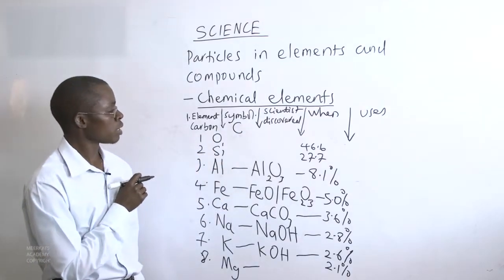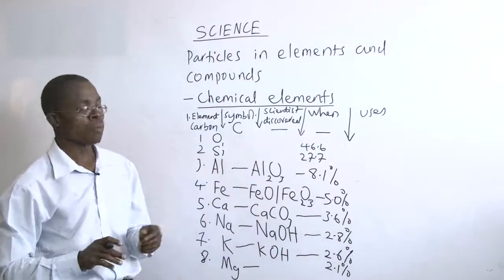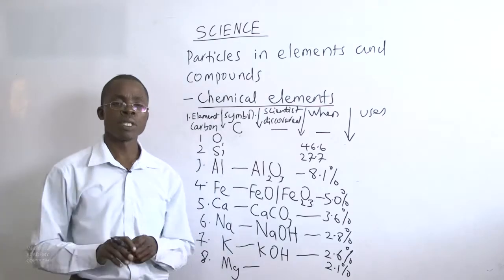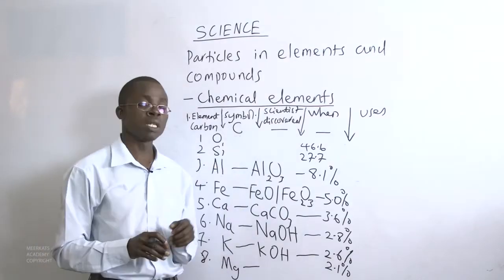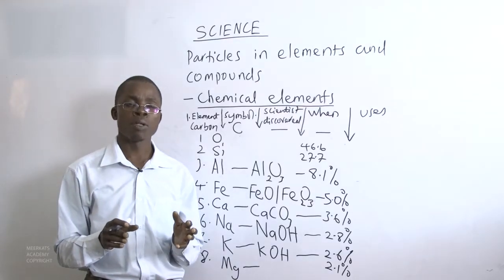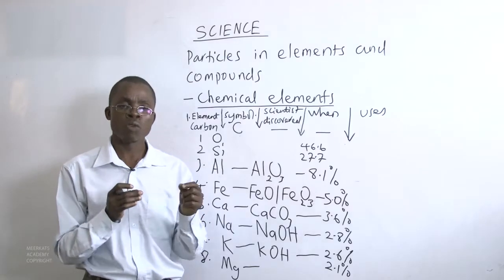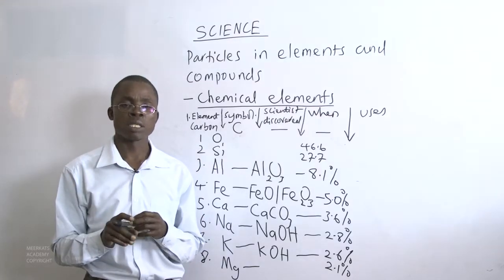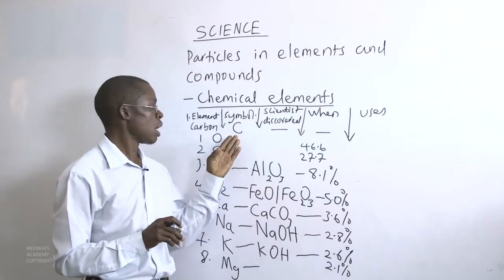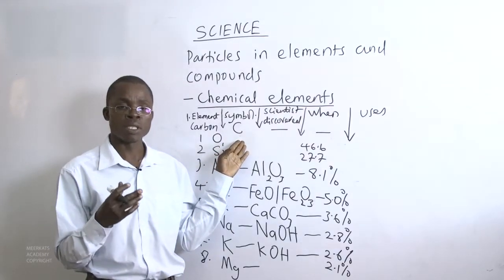Scientists discovered carbon long ago, and it is used in different ways. One of its forms is graphite. Remember, graphite is pure carbon, but it is only the issue of connectivity that gives us the difference. As graphite, it is used as a lubricant in heavy machines.